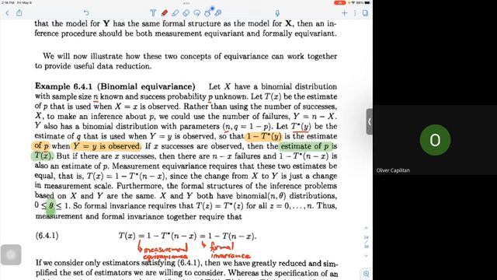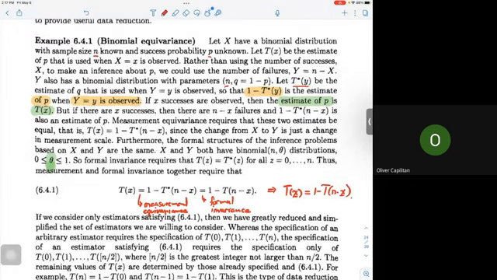So this would further imply that t of our observed sample x will be equal to 1 minus t of n minus x. So we have that.